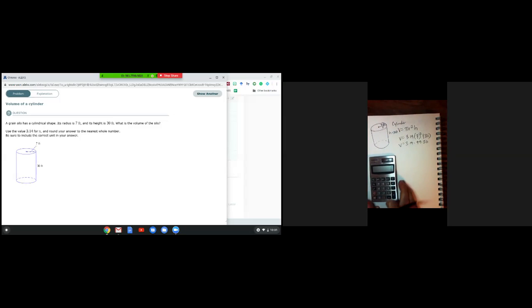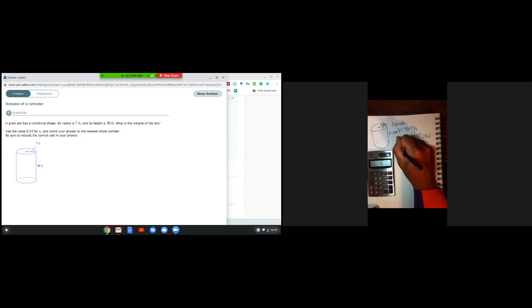Then we plug all these numbers in the calculator. 3.14 times 49 times 30 should equal 46158. Let me double check. I feel like I typed it in funny, but I did not. 4,615.8 feet cubed.